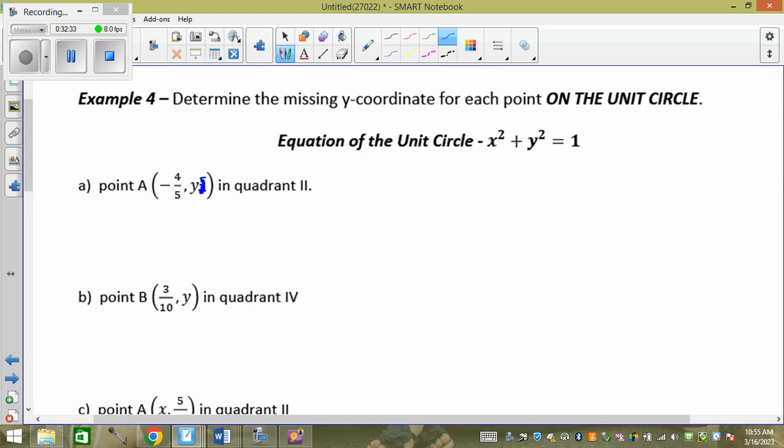Now, this one here says determine the missing y coordinate for the point on the unit circle. Now remember, if it said "is a factor" in polynomials, what did you immediately do? You underline it and say, the remainder is 0.